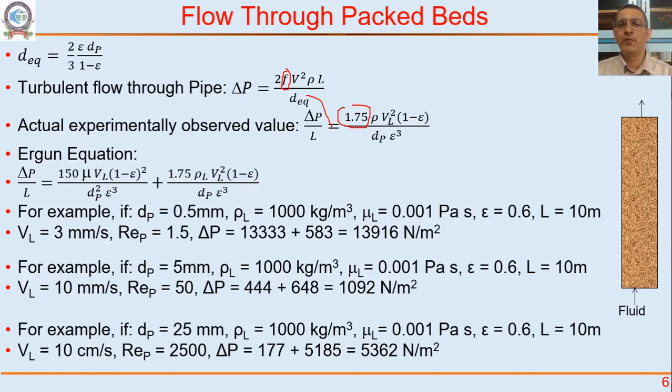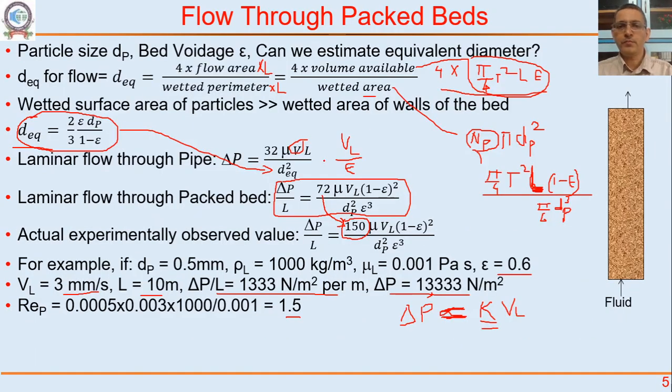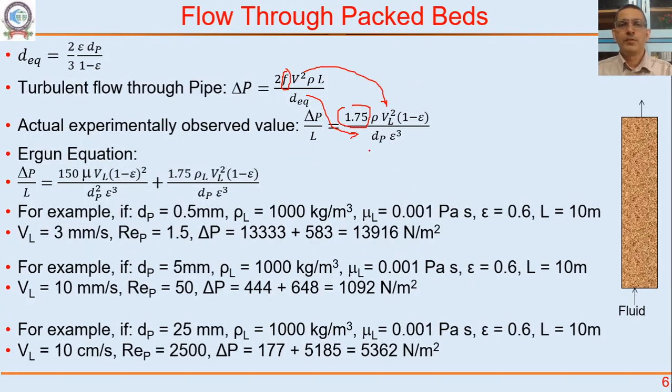So substitute for d equivalent, and substitute for v square in terms of VL square. So V square would be VL square divided by voidage square. Substitute that, simplify. You will get an expression like this.